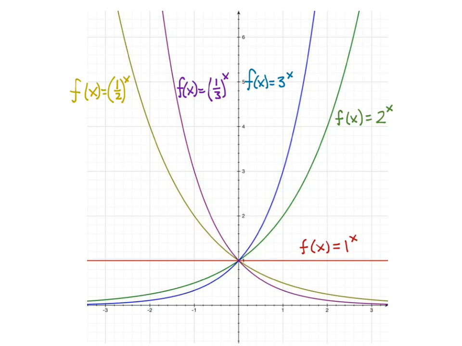And then we also have this thing: remember how we would translate different functions by either multiplying by a positive or negative or some coefficient, or adding a number to x or to the function. We do the same thing with exponentials.